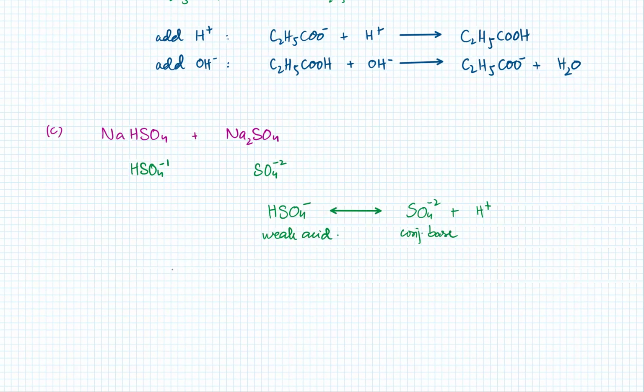Is that clear? Yes. The buffer reaction is exactly the same. If you add H plus 1, who's going to neutralize it? It's the conjugate base. So SO4 minus 2 is going to come in, grab the H plus 1, and turn into HSO4 minus 1.